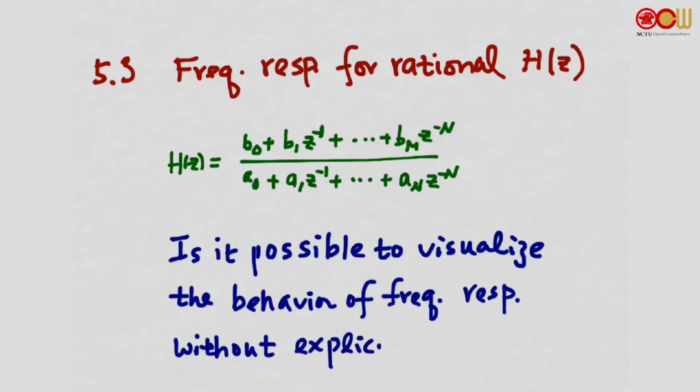Given the system function or given the impulse response, we can always compute the frequency response of H. That is, we can use a computer to compute the Fourier transform. But the question is whether it is possible to have a rough idea of the frequency response of H without actually calculating the Fourier transform, without explicit evaluation.